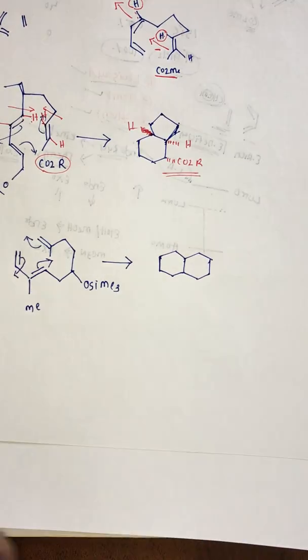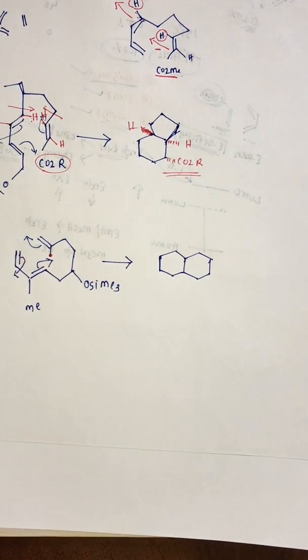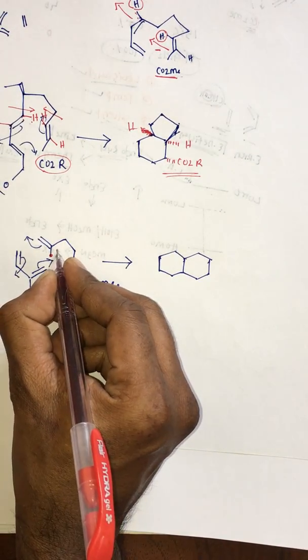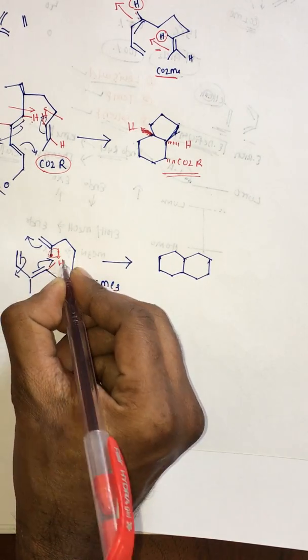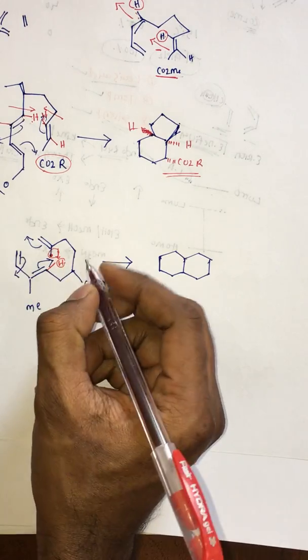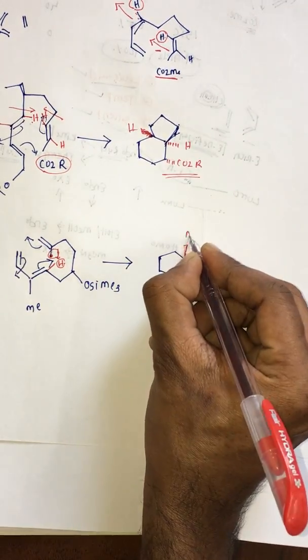Now here at the bridged carbon, in one place we have a methyl group, another one we have hydrogen. Okay, here this methyl group is coming down and here hydrogen is going up. Methyl and hydrogen, they are trans to each other, right? So because of that, it has to be trans stereochemistry.